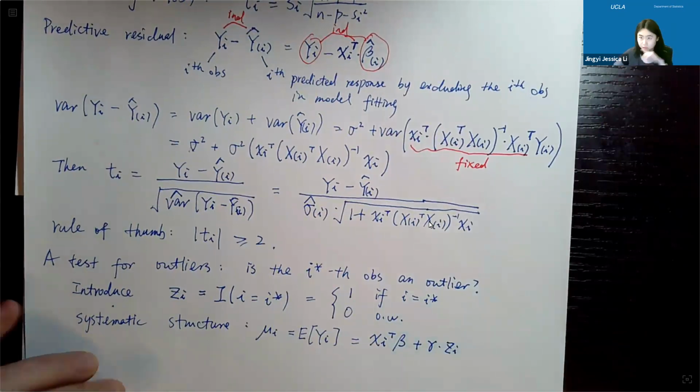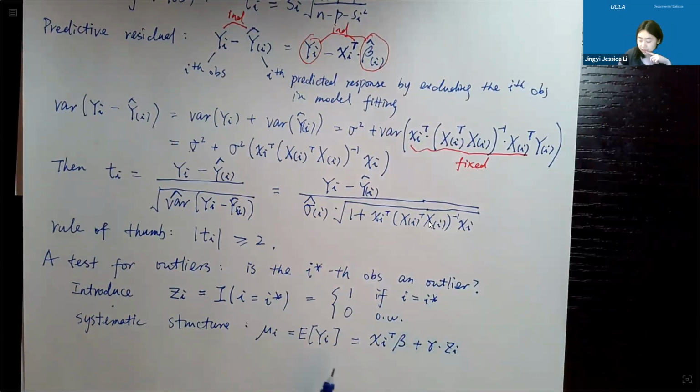You see that if we write the model this way, we're basically checking whether the ith observation has a different intercept, and that intercept is offset by gamma.